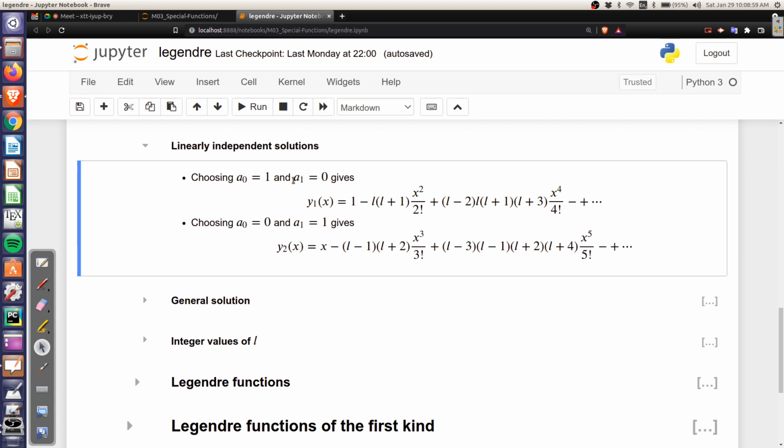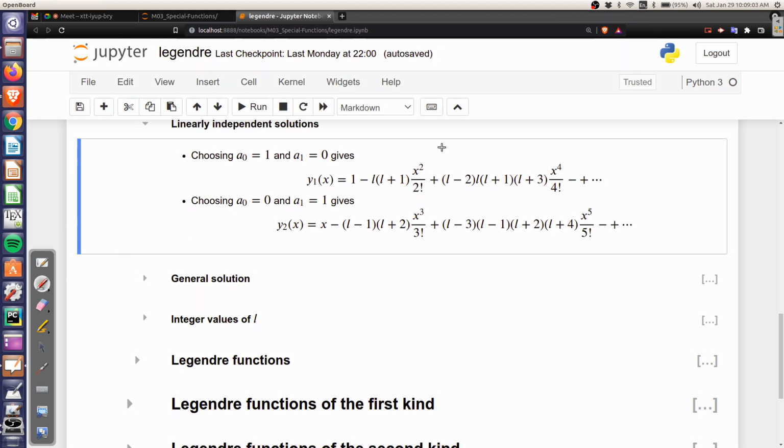If I choose a0 to be 1 and a1 to be 0, what does that mean? If I choose a0 equal to 1, from here we get a2 from the recurrence. Let me write it this way. Remember the solution.